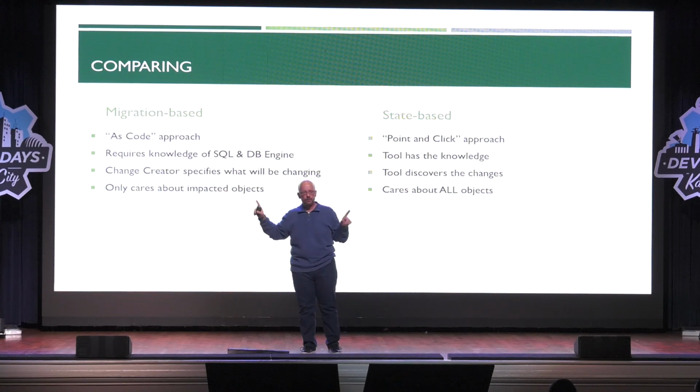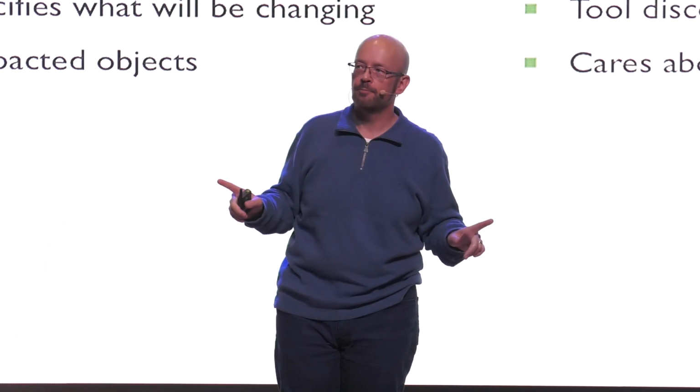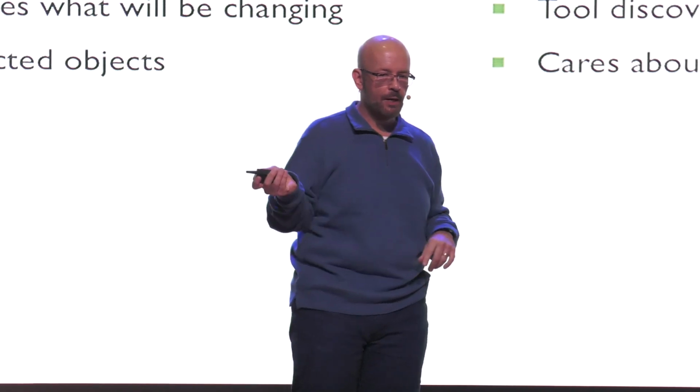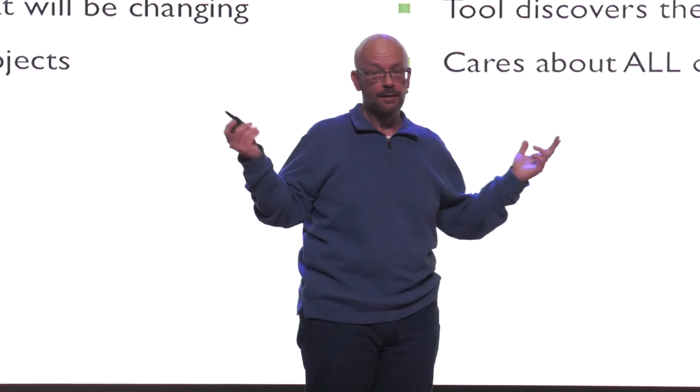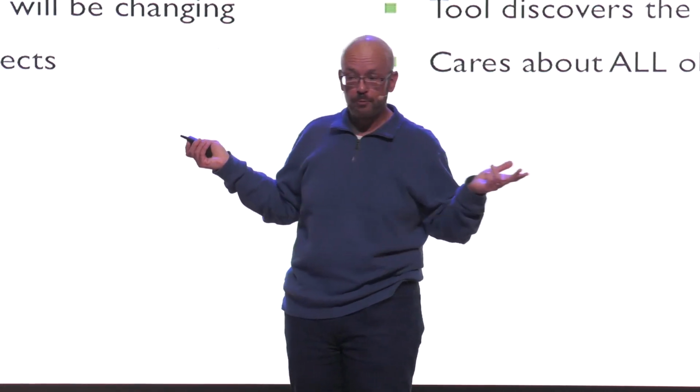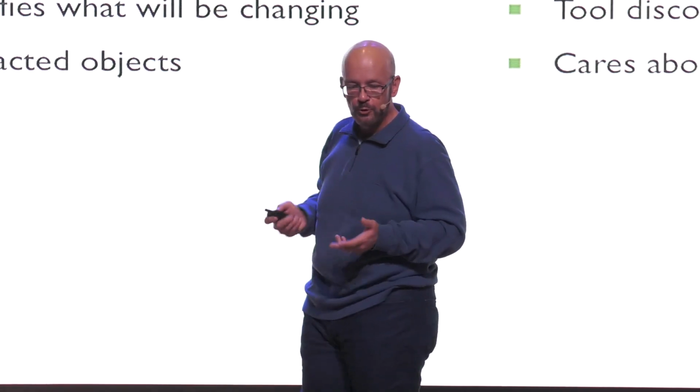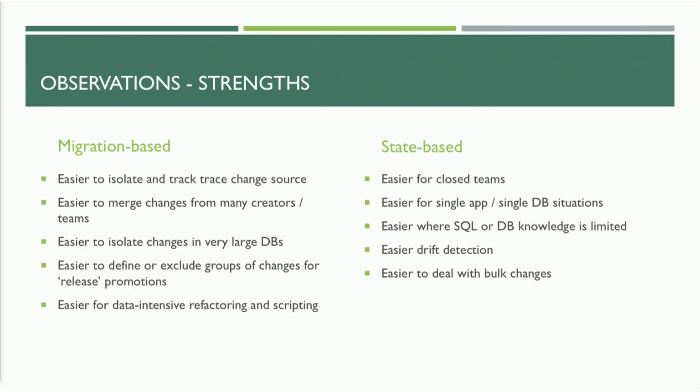Now, each of these approaches has strengths and weaknesses. Right? There are good points and bad points to all of these things because, again, it's engineering. There's no magic bullet. It's a set of trade-offs that we make as we choose our approaches. Now, a migration-based approach makes it very easy to track the changes. This is the stuff where, you know, we have doctrine for this if you think about it, right?